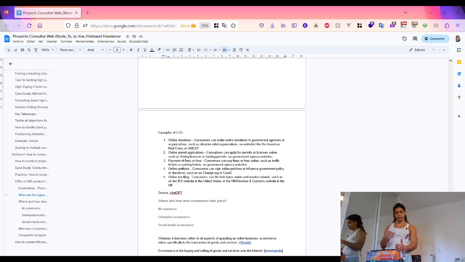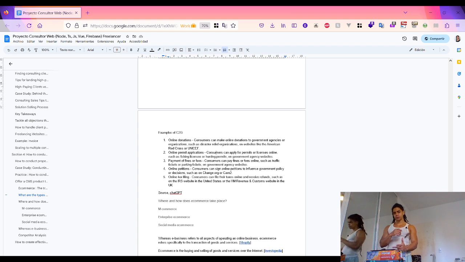For business to business, you have digital marketplaces like Alibaba, Amazon Business, eBay Business, and EDI, electronic data interchange. Transactions that were traditionally made on paperwork, like invoices or purchase orders, are now done electronically, for example through EDI providers.